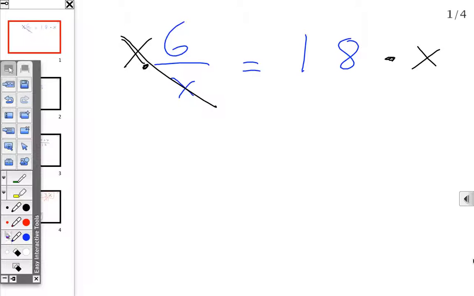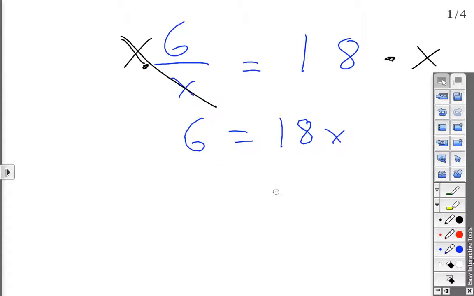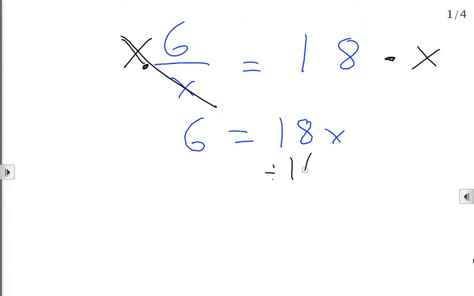Okay. Let's rewrite our line. We got 6 equals 18x. And then at this point, you probably have good instincts. You probably know that the next step is divide by 18. Divide by 18. Right, gets rid of that.